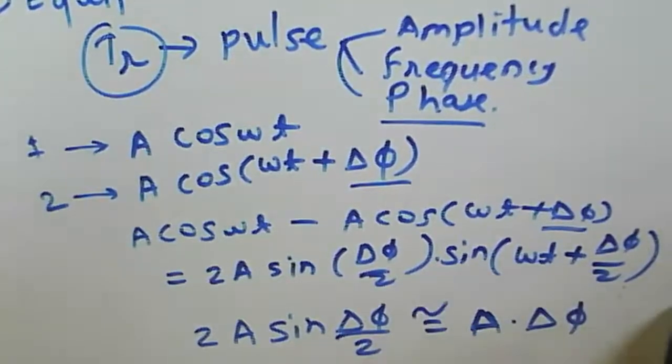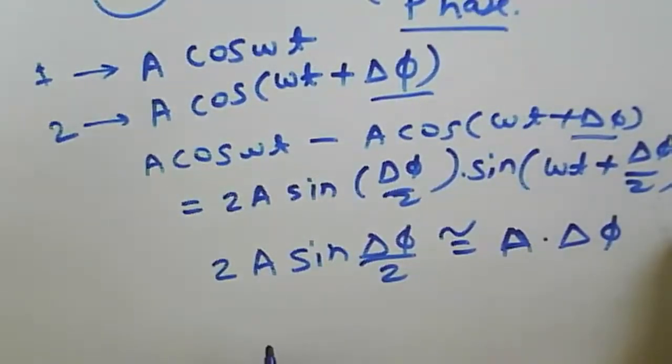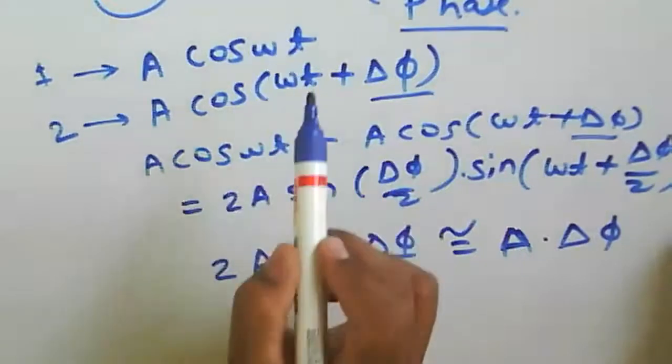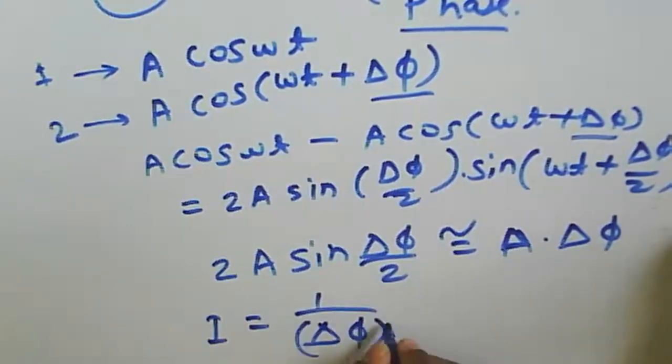So if you calculate the limitation on the improvement factor because of instabilities in the oscillator, it will be I equals 1 by del phi square.